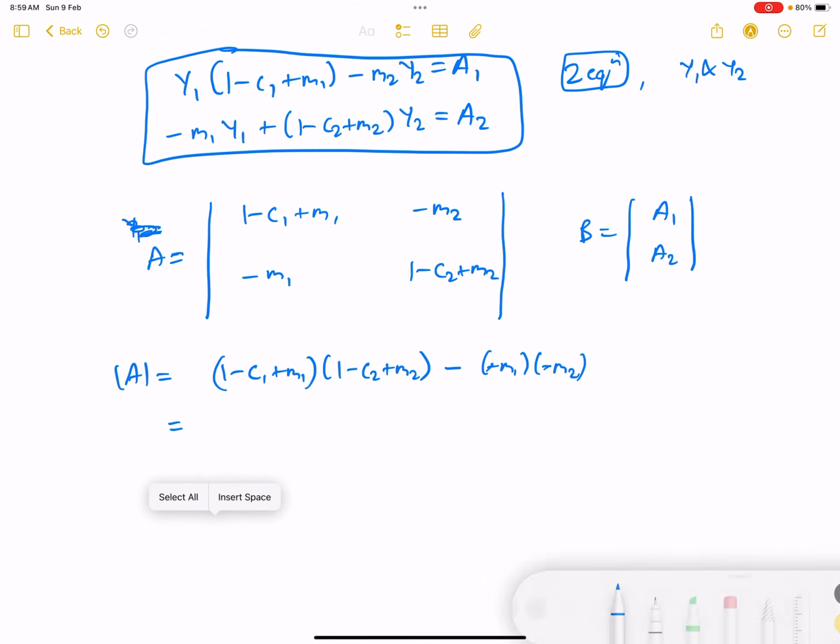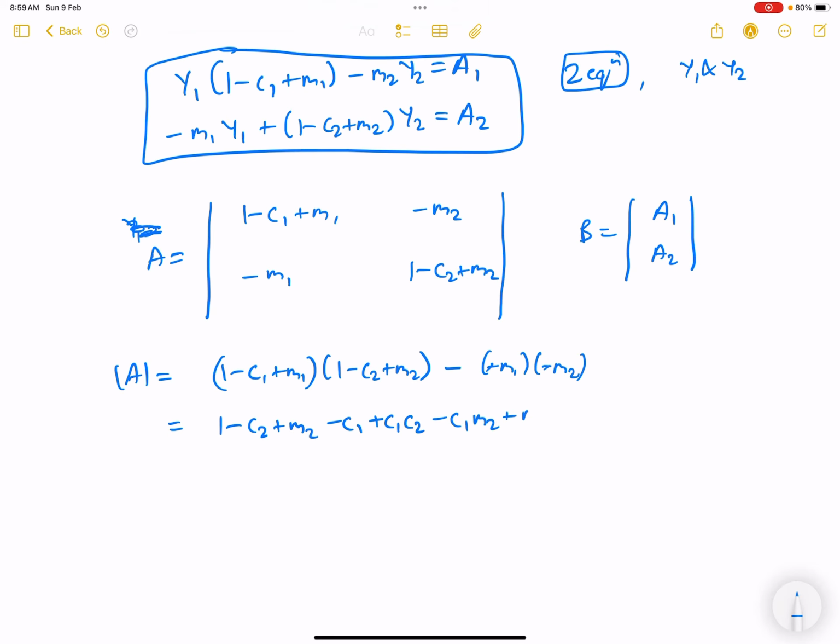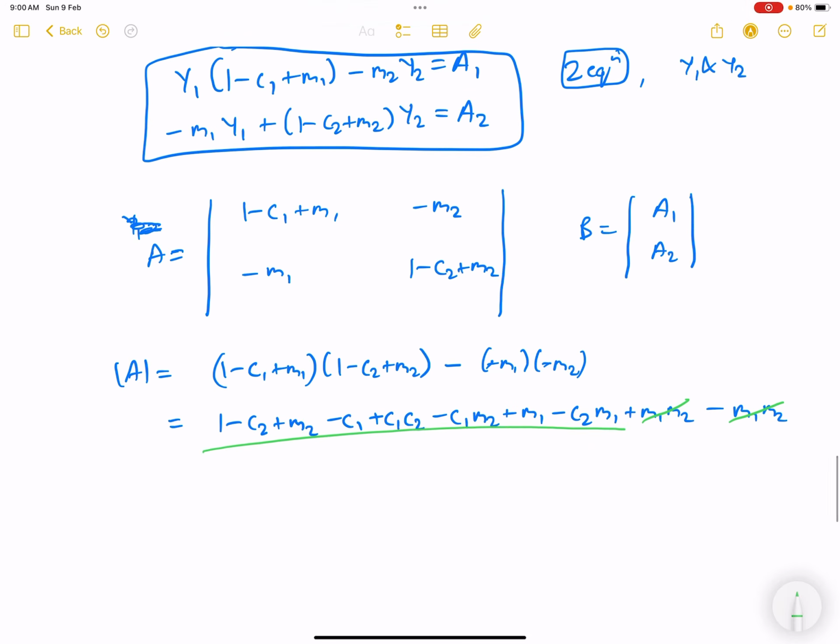The first component multiplied by everything, 1 minus c2 plus m2, then minus c1 plus c1 c2 minus c1 m2 plus m1 minus c2 m1 plus m1 m2 minus m1 m2. So we'll see that this cancels out. The remaining everything would remain. So this is A determinant.